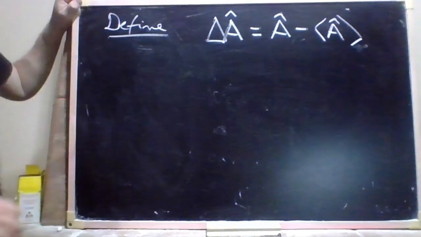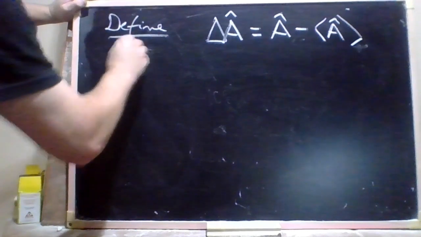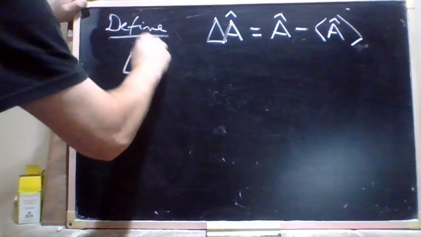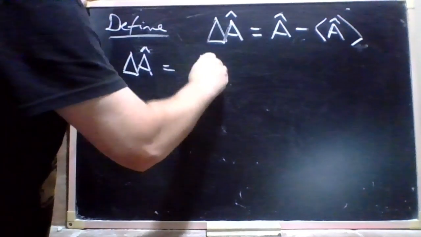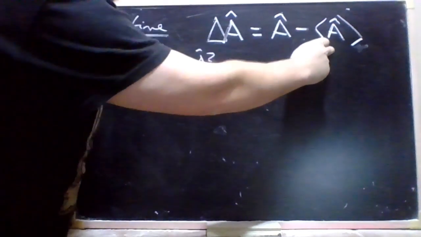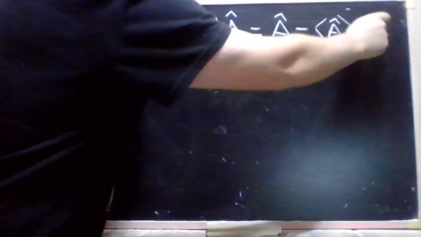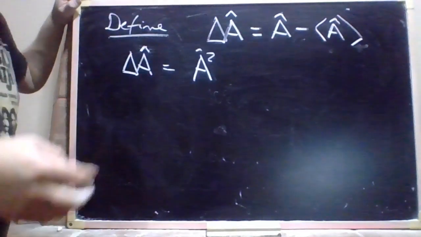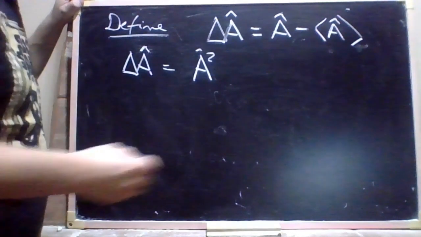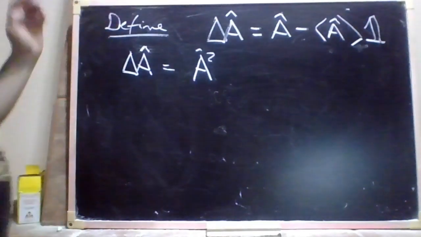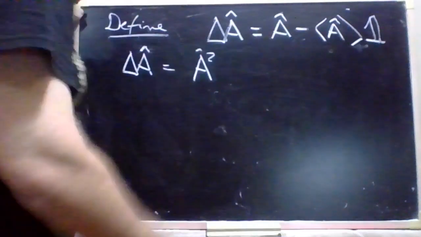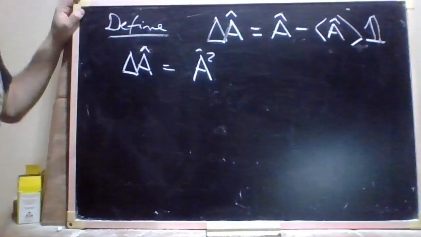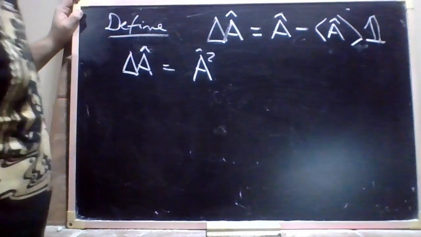Define this thing. So you can square this object and you'll find the operator squared. An average is just a number multiplied by the identity matrix. We usually do not write an identity matrix just to keep the notation a little bit simpler. Do not write the identity matrix.